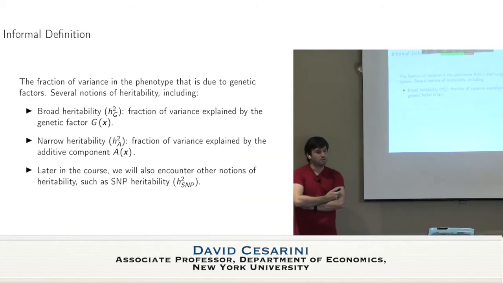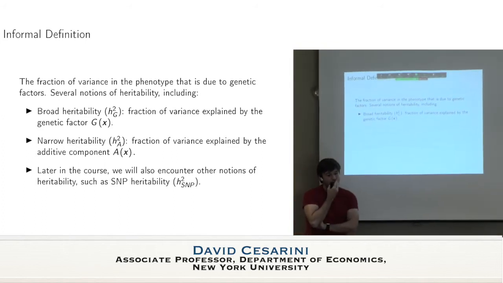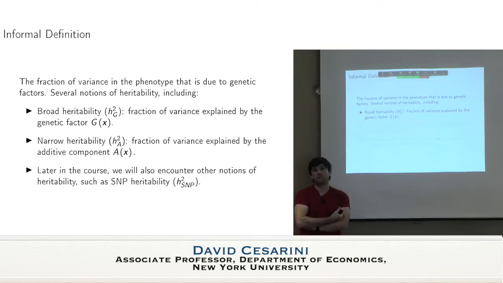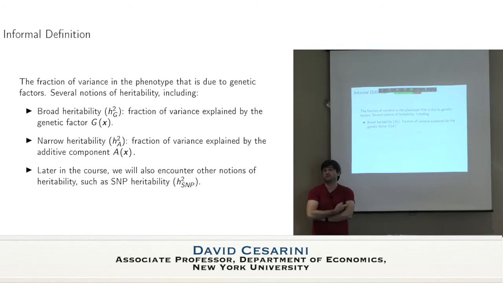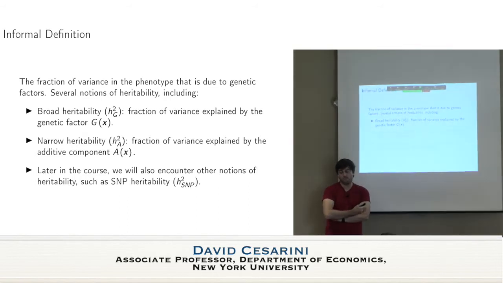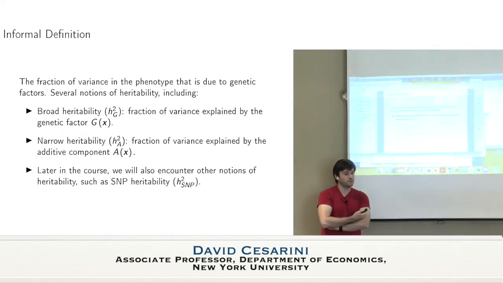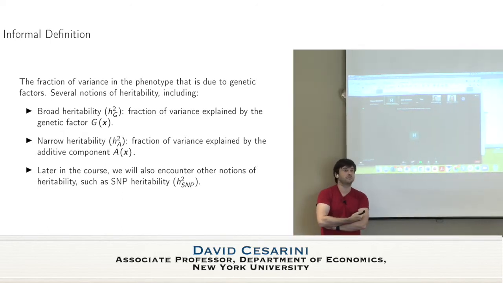So let's start with an informal definition. And most of you know this already. Dan already talked about what we call the genetic factor and how we can decompose it into an additive part and then another part. So the first thing to do when we introduce the notion of heritability is to make a distinction between what's called broad and narrow heritability.